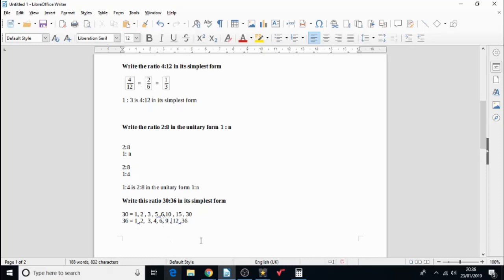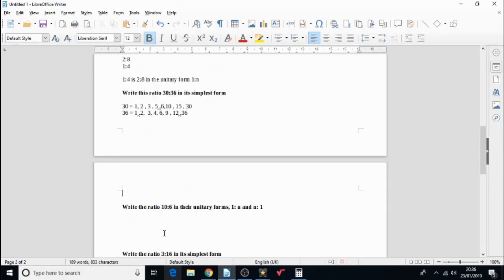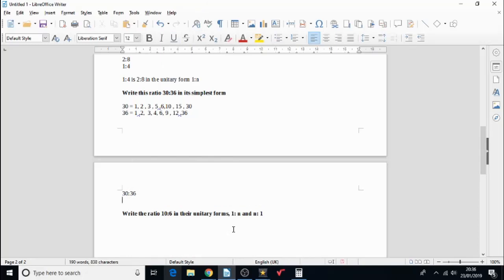So as you can see, 6 is in both. It's the highest common factor. So we can divide both of these numbers by 6 to find the ratio in its simplest form. 30 divided by 6 is 5. 36 divided by 6 is 6.